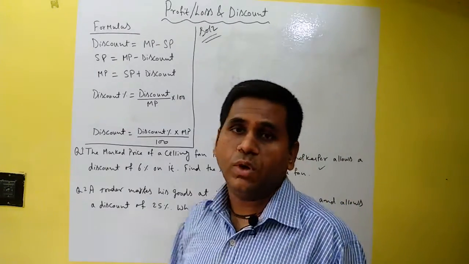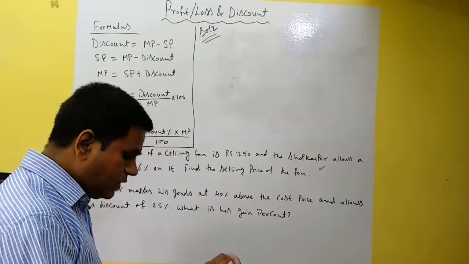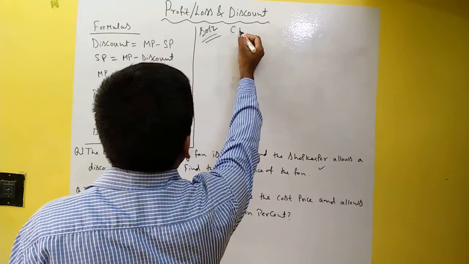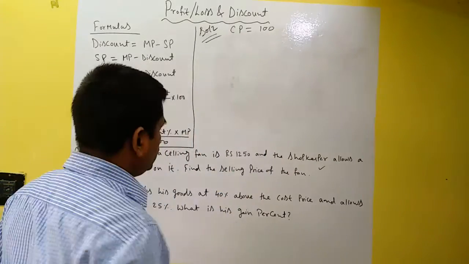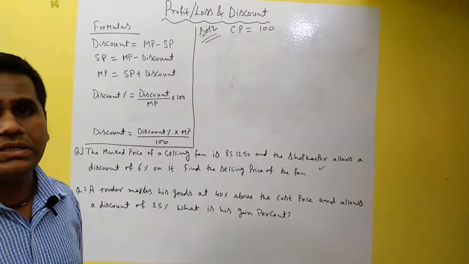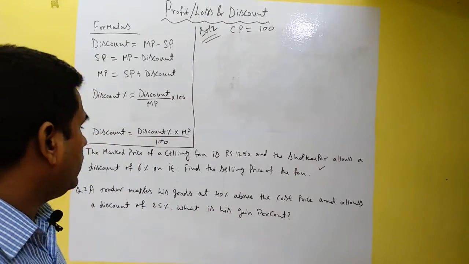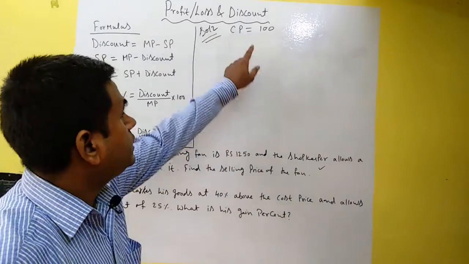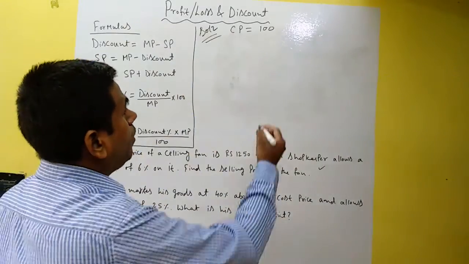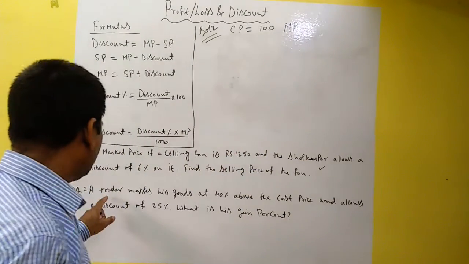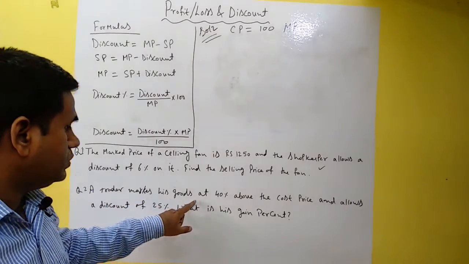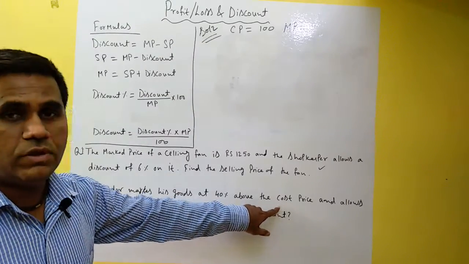In this problem, we have to assume that the cost price CP is 100. Because everything is in percentage, it is easy if you assume cost price is 100. If cost price is 100, what is marked price? As per the question, the trader marks his goods at 40% above the cost price.